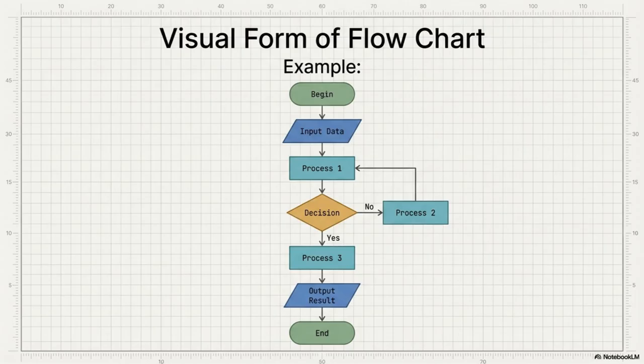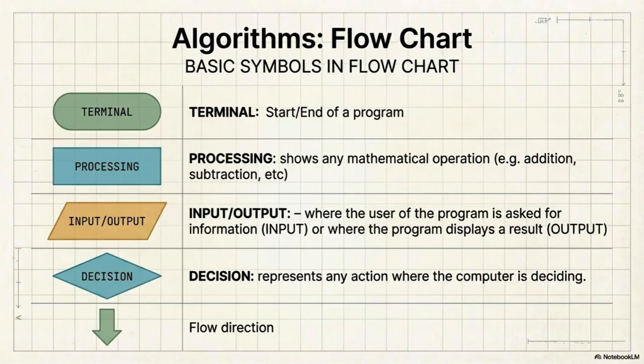And you also have diamond lookalike shape, meaning this usually represent a choice or a yes or no path. And this is what I told you just now. It's a basic symbols in flowchart that you have to understand and remember very well.